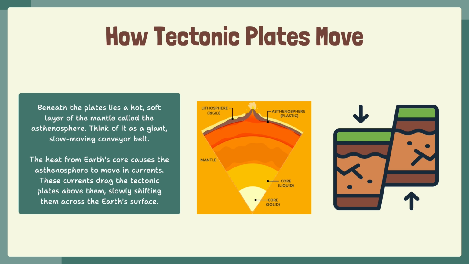So basically, they're constantly in motion because there are currents generated from the Earth's core that cause the asthenosphere to move, and then it drags the lithosphere, which are the tectonic plates. So basically, that's how they move. I hope I explained that as clearly as I could, and I hope the diagram helped.